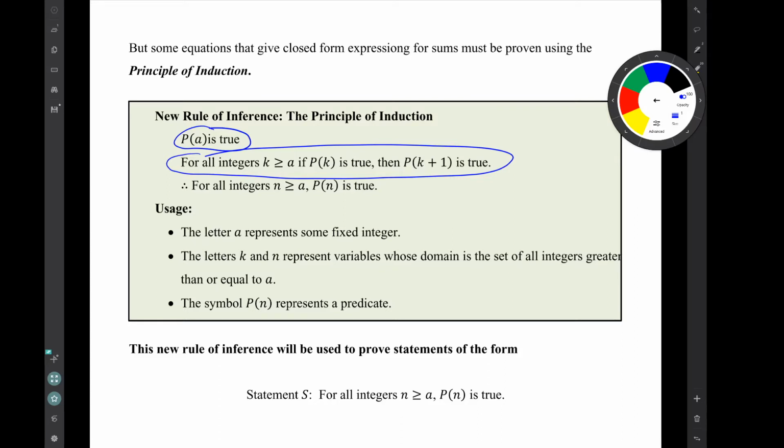So if we're going to do a proof using this principle of induction, we're going to have to, in our proof, have this thing and also have this thing. And finally, we would end our proof with the conclusion: therefore, for all integers n greater than or equal to a, P(n) is true. So these three things are going to be in our proof.